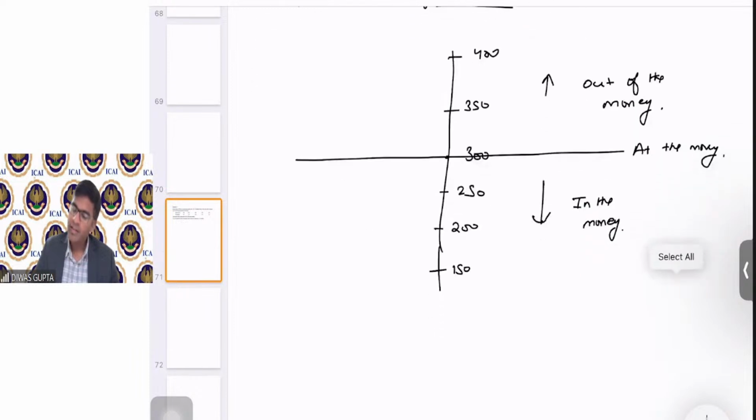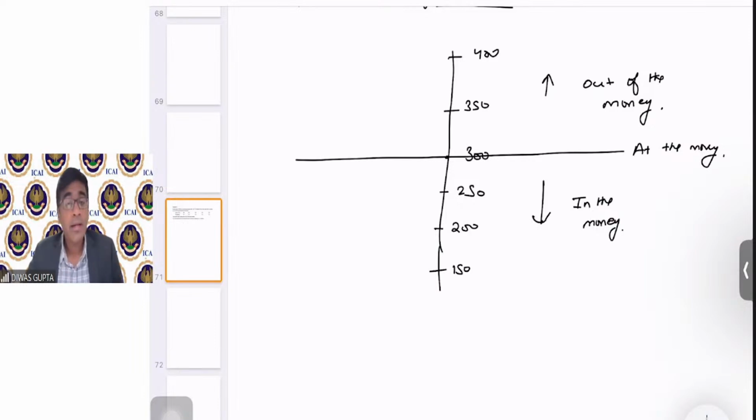So, in a way, we have to calculate the difference of strike price and the spot price at each probability, multiply it with the probability to arrive at the expected value of the option.